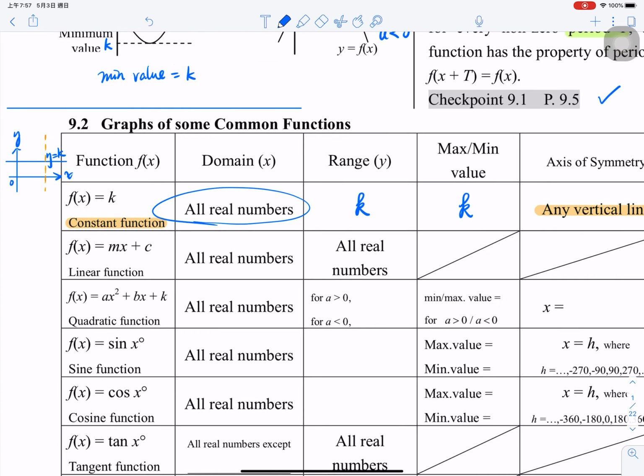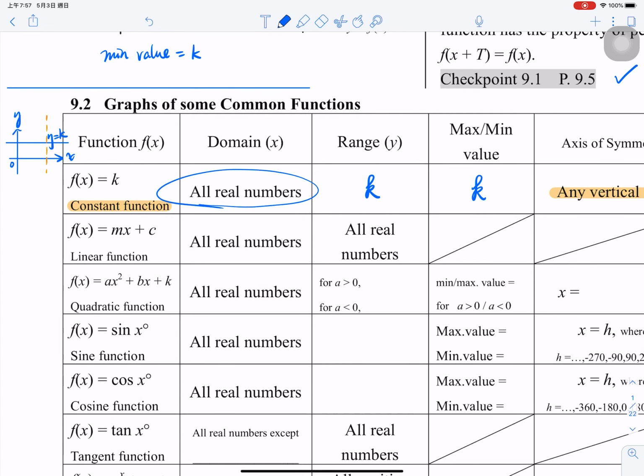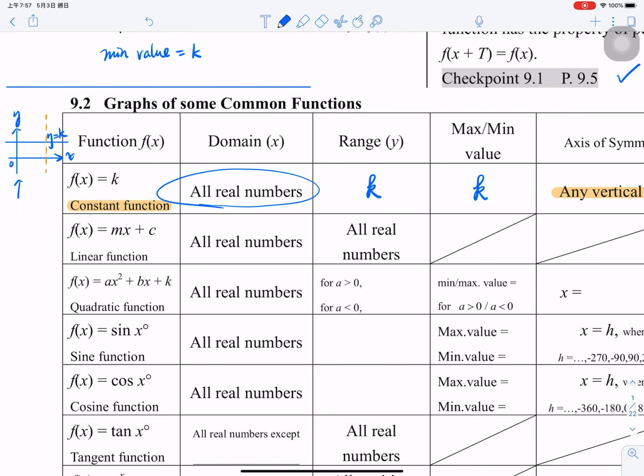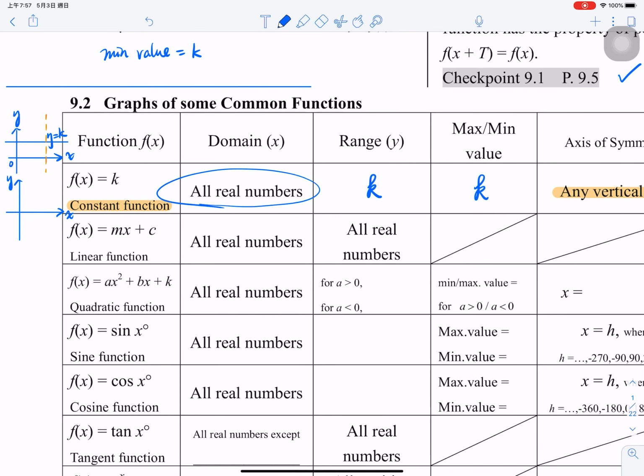Okay, let's see the second one, f(x) equals mx plus c. This one is a linear function or linear equation, right? y equals mx plus c. So we say that this is the linear function.